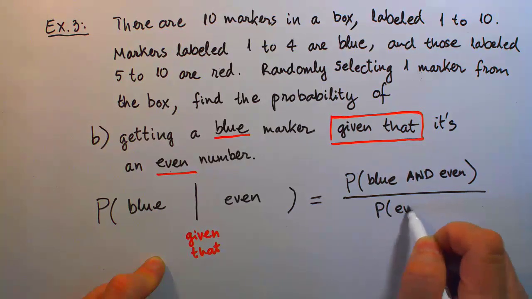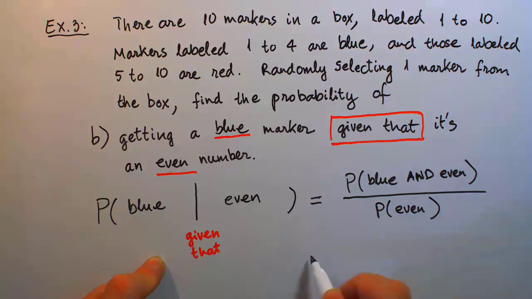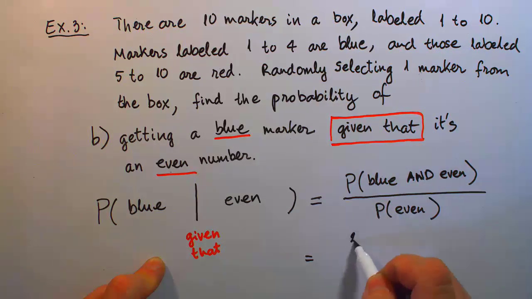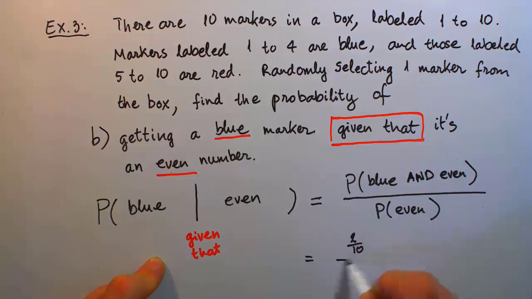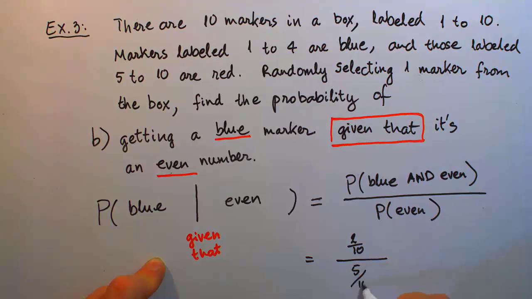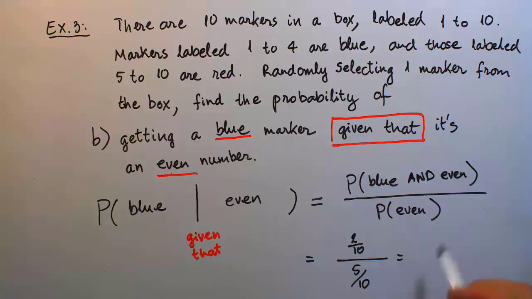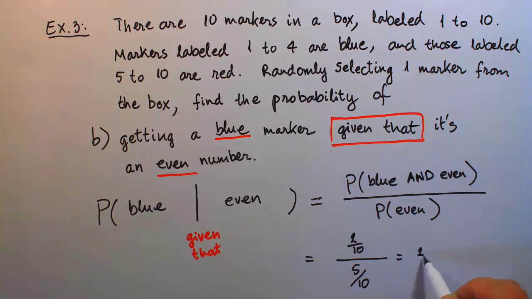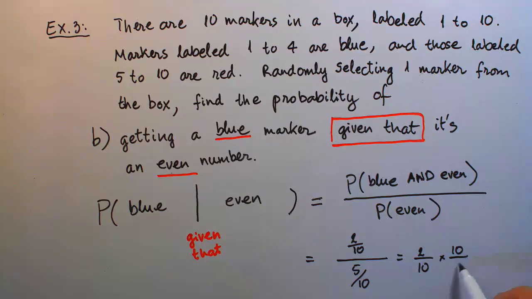That gives me the probability of blue and even as 2/10, divided by the probability separately for evens, 5 out of 10. And that's similar to how I put the math earlier: 2 over 10 times 10 over 5. And the 10s got canceled out. And here we're looking at 2/5 again. Same result.